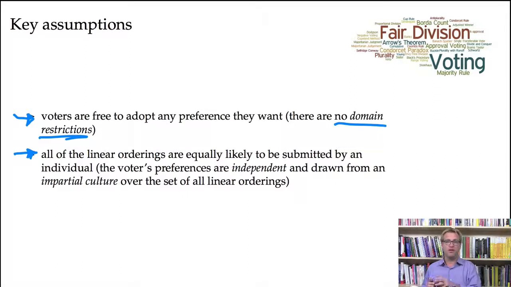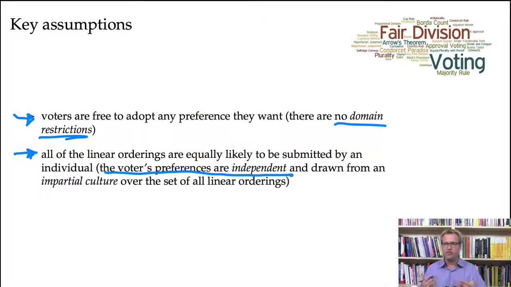And if I pick an arbitrary voter, the assumption I was making is that the probability that the voter adopted one of the 6 possible preferences is 1 over 6. And that is true for all of the voters in the population, no matter how big the population. So that means that, in particular, we are assuming that the voters' preferences are independent of each other.